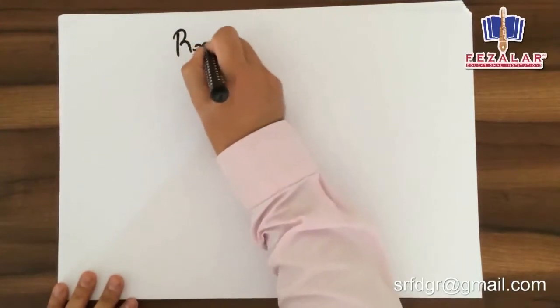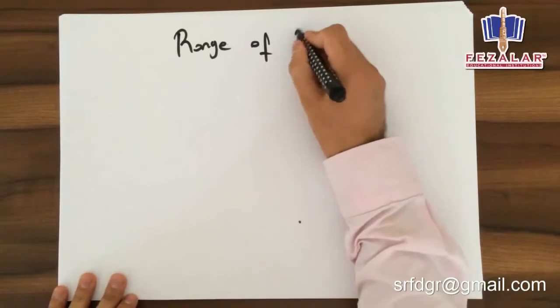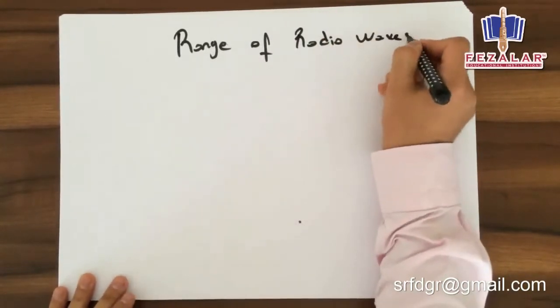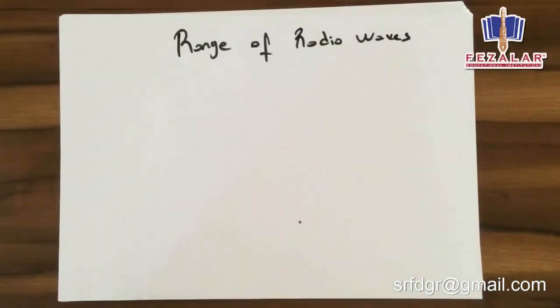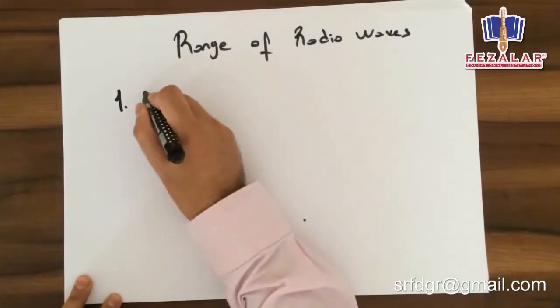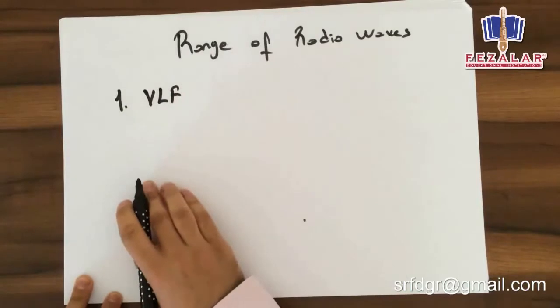Now, the range of radio waves. There are four basic ranges for radio waves, the four defined ranges. The first one is the very low frequency range.